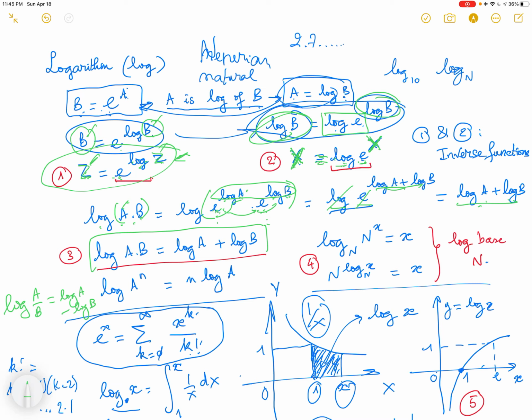That means log of a times b is equal to log a plus log b. We rewrite that in formula number 3, which should be another key takeaway.